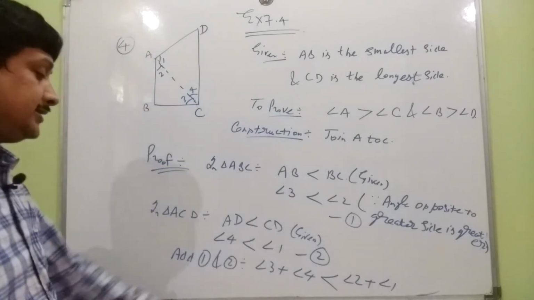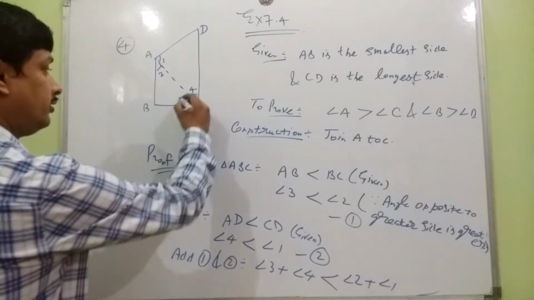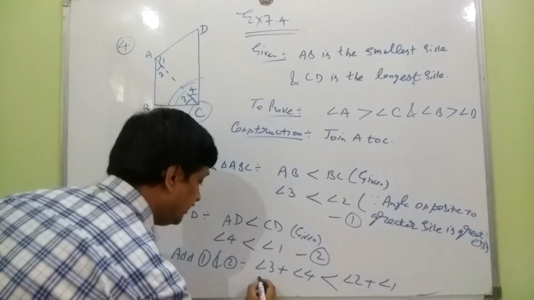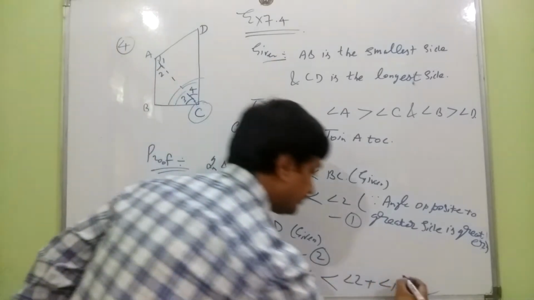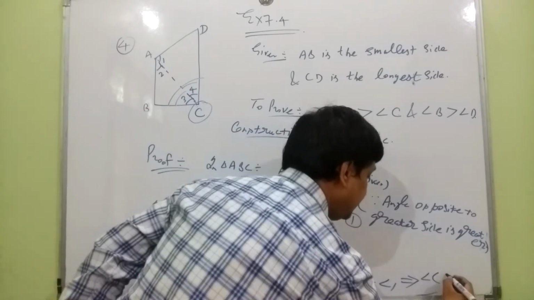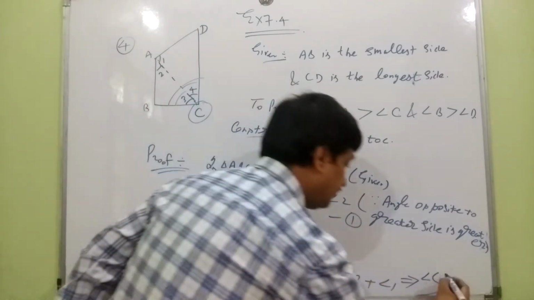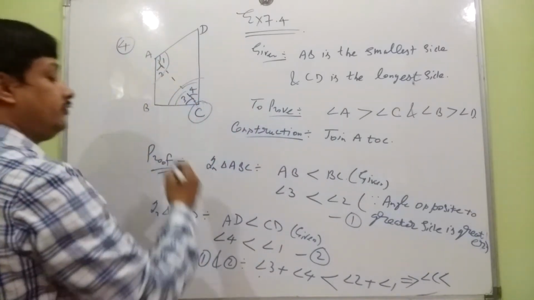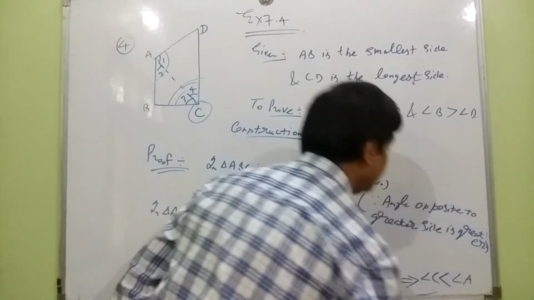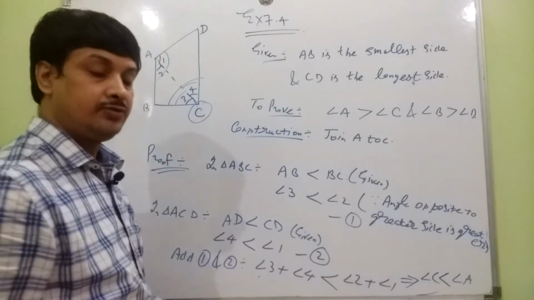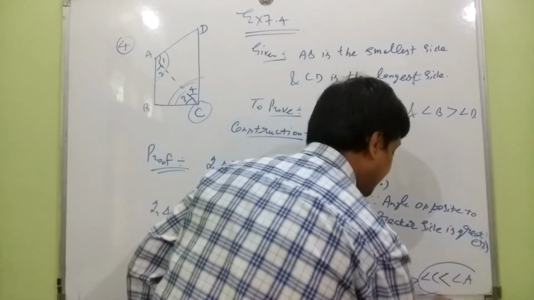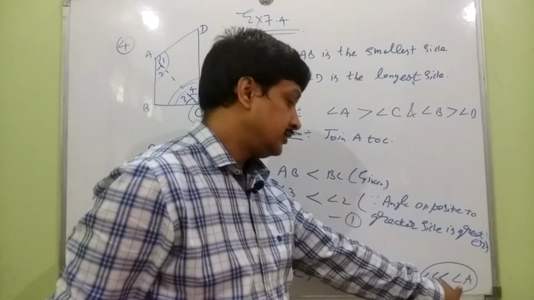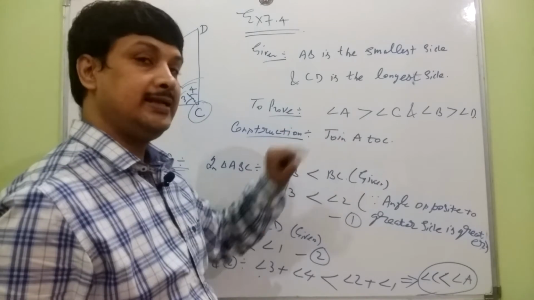Now combine these angles: angle 3 plus angle 4 will give you the whole angle C, so you can write angle C is less than, and angle 2 plus angle 1 will give you angle A. So this is what you wanted to prove. You can write it like this also, because angle A is greater.